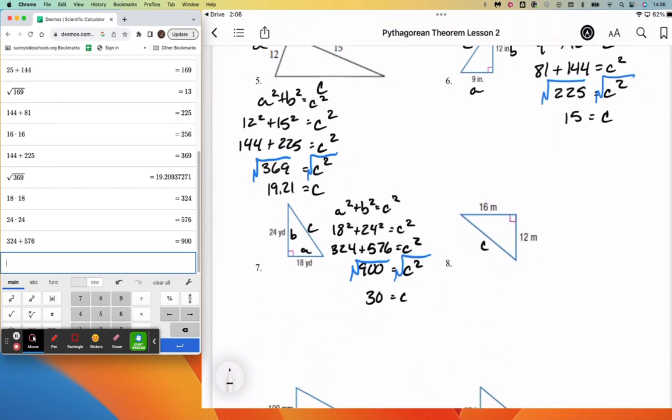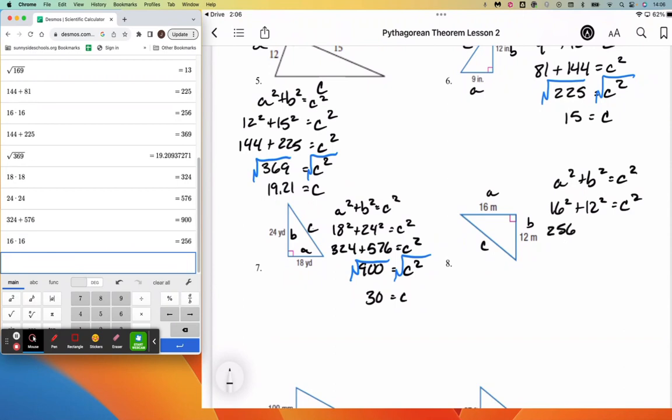Number 8, we identify our c. We'll call this our a, we'll call this our b. a squared plus b squared equals c squared. We have 16 to the power of 2 plus 12 to the power of 2 is equal to c squared. And so 16 times 16 is going to be 256 plus 144 equals c squared.